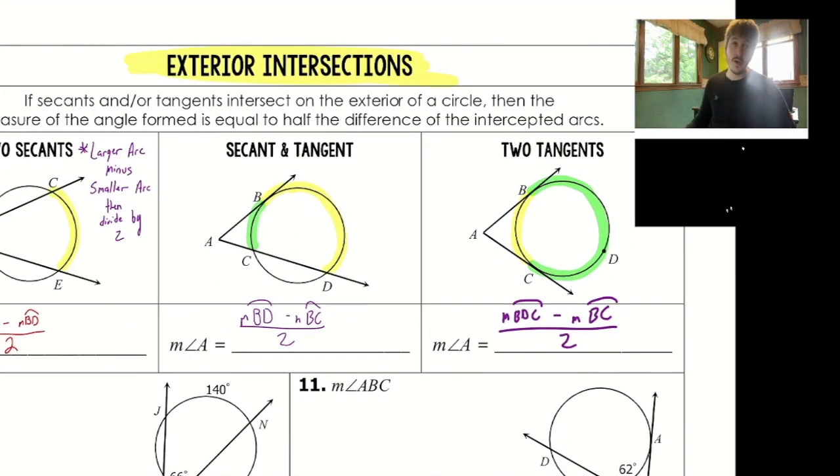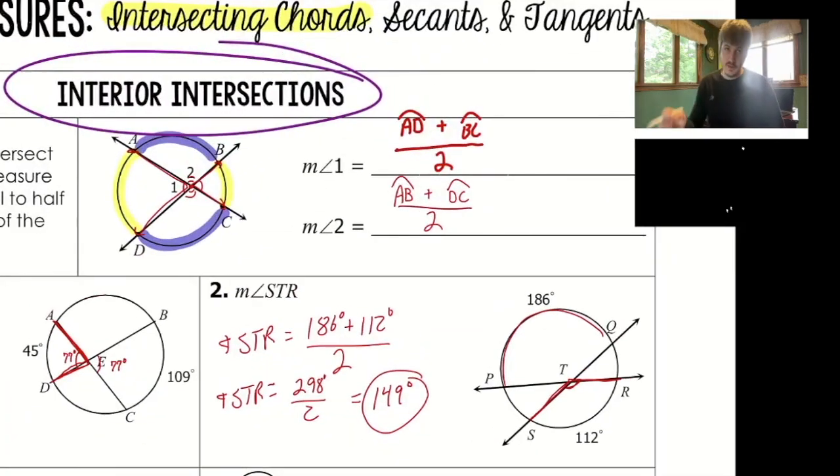So those are the 3 rules, 3 different scenarios, but they're all similar. Each diagram's slightly different, but it's really just following the same pattern. Big arc minus little arc, divide by 2. But make that mental note that this rule is different from this one. This is the addition one when that angle's on the inside.